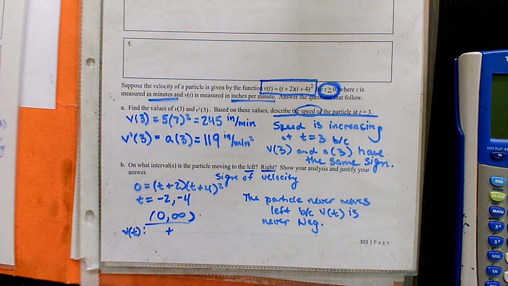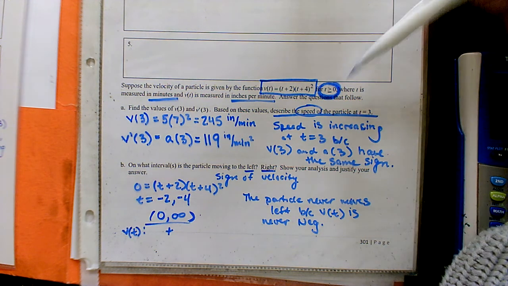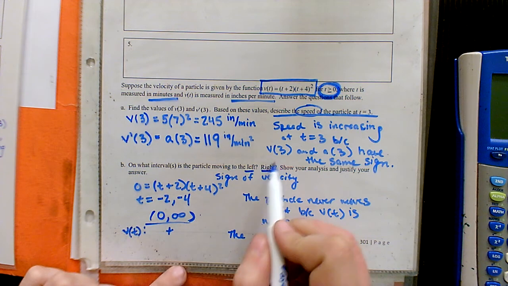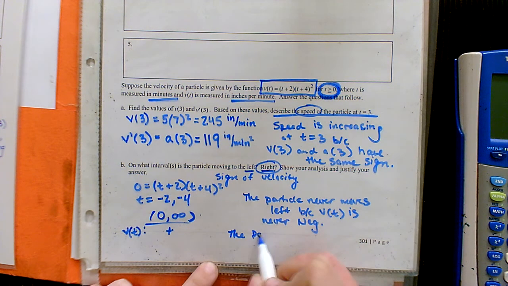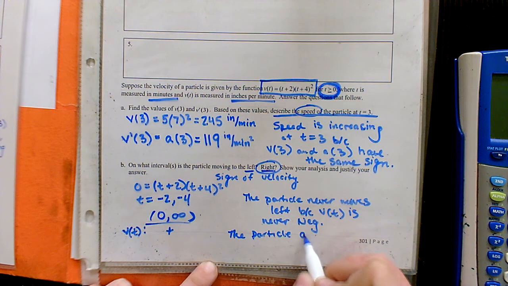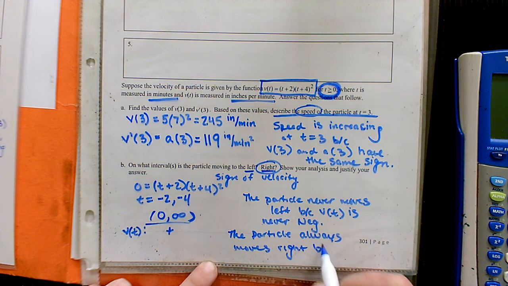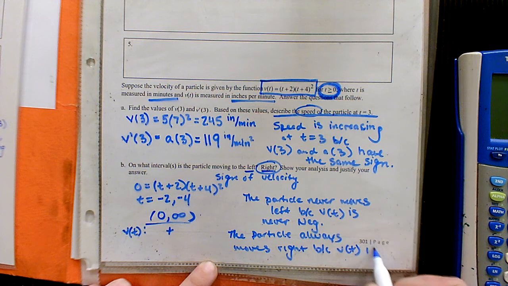It may have moved left in the past, but we're not really concerned with that because we want t to be greater than 0. So we answered that question. They also want to know, when does it move right? The particle always moves right because velocity is always positive.